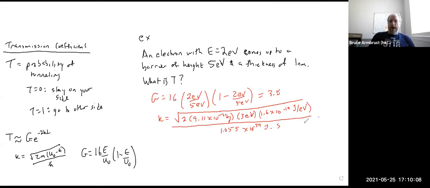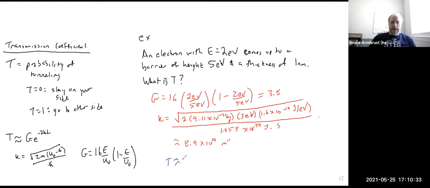Okay, so you run the numbers on that, and K is around 8.9 times 10 to the 9th per meter. It's meters to the minus 1 are the units. Okay, so let's take those and put them into our transmission coefficient formula.